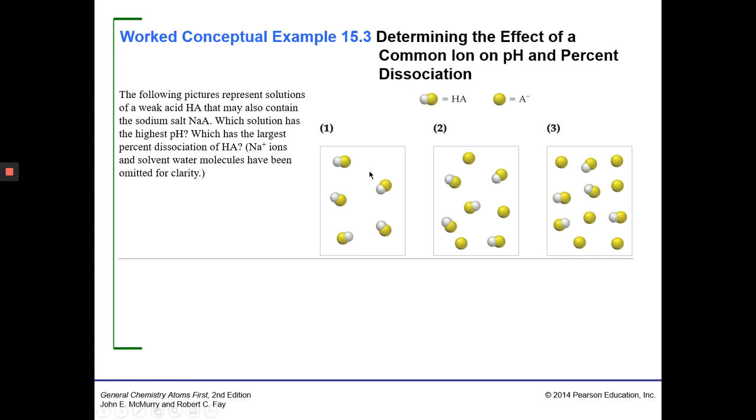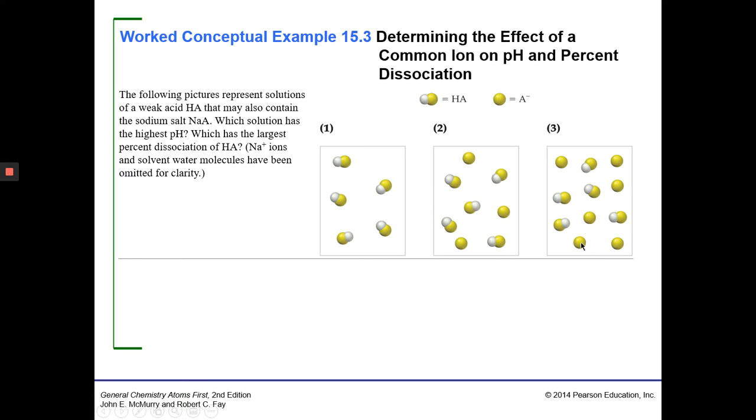Here in vessel 1, there is no dissociation of HA molecules. In vessel 2, we have some of the molecules. It looks like 3 of them have been dissociated.